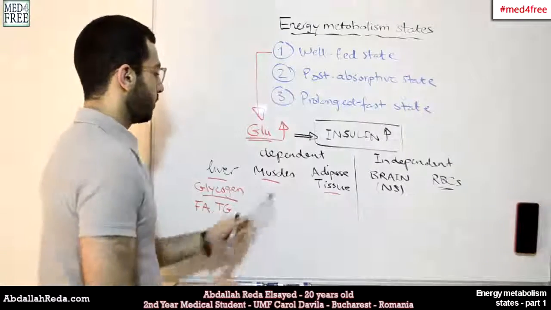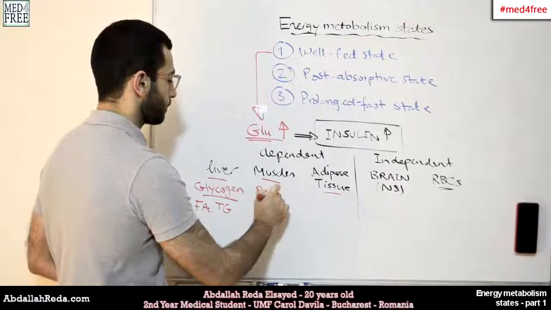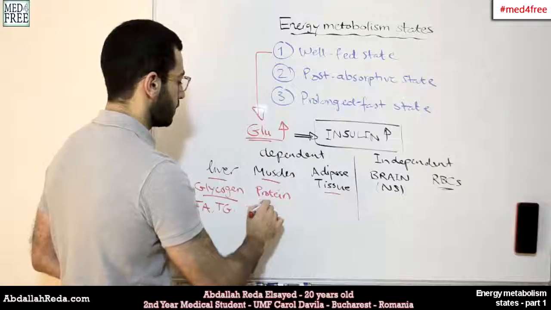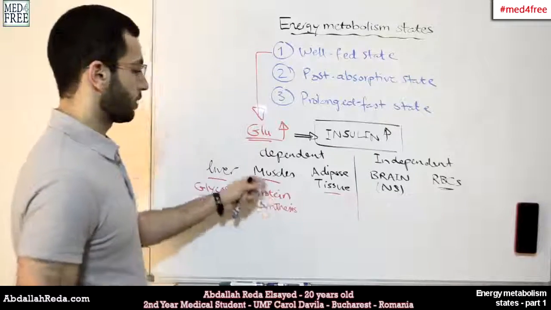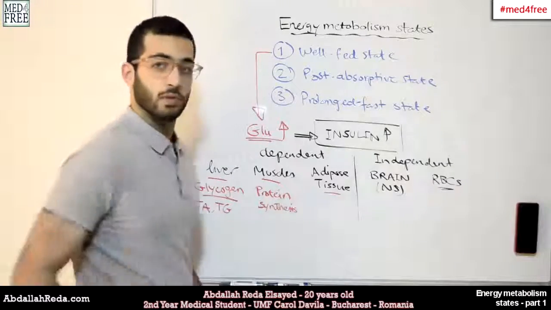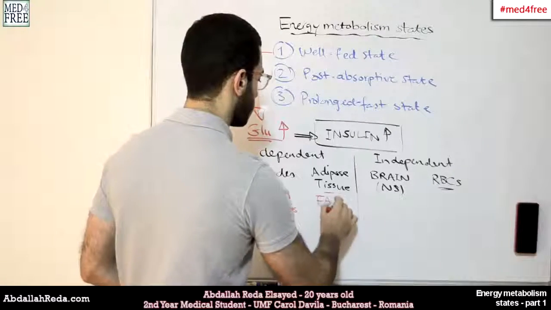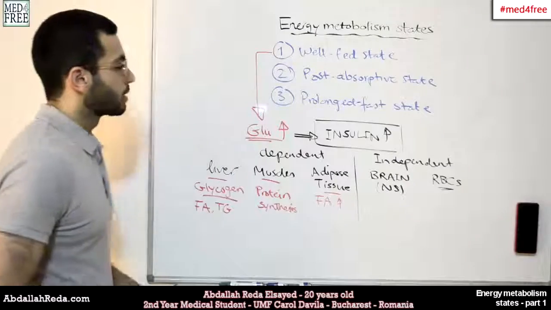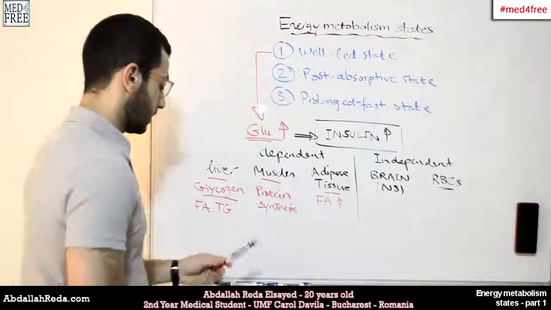Then, in the muscles, insulin would trigger the protein synthesis. So in the muscles we would have more protein, and in the adipose tissue, of course, we would have more fat, so more fatty acids. So this is the action of insulin on the dependent elements.